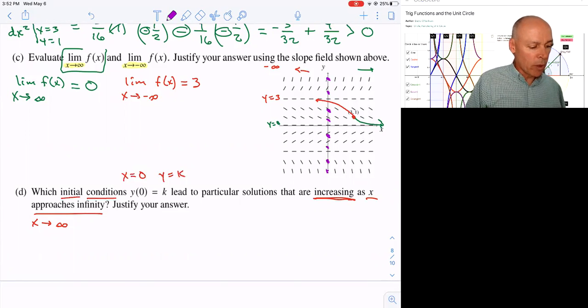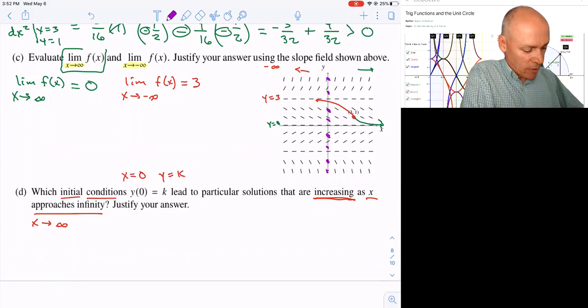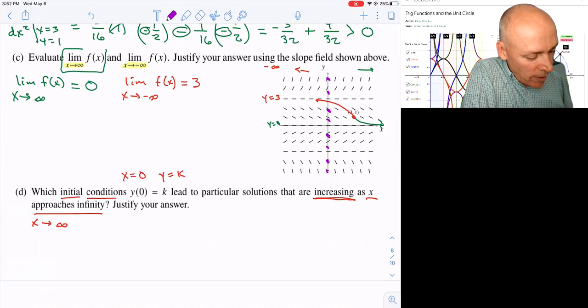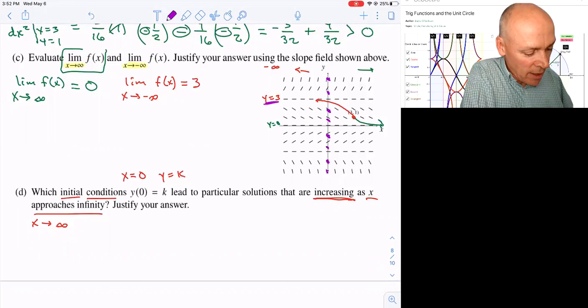Okay, well, I'll just drop some on the y-axis. Well, if you look, any one of these that I put above y equals 3, all I care about is as x is approaching positive infinity going to the right, these would go like that.